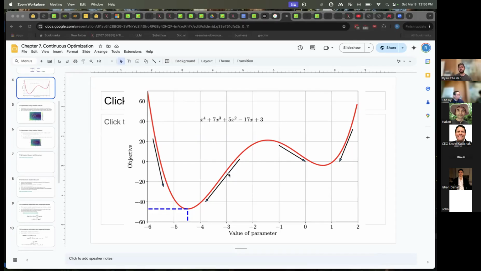But this is just an approximation at this local point. It's not capturing that this is a curved line. We can try to extend all the way to the bottom, but actually this curve is changing, so you're not capturing the full relationship.